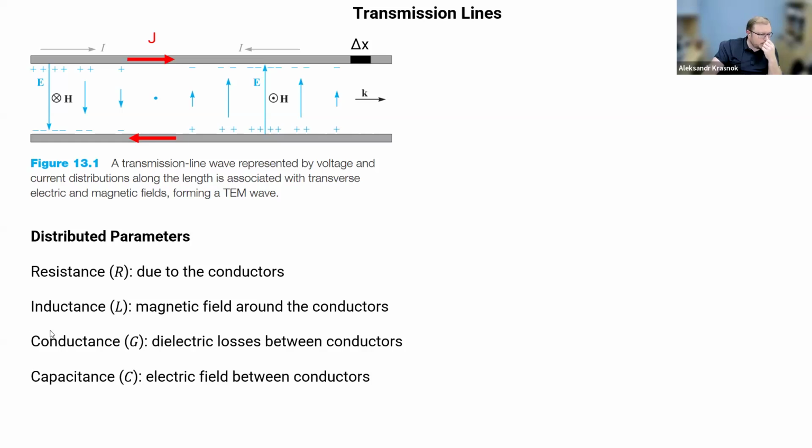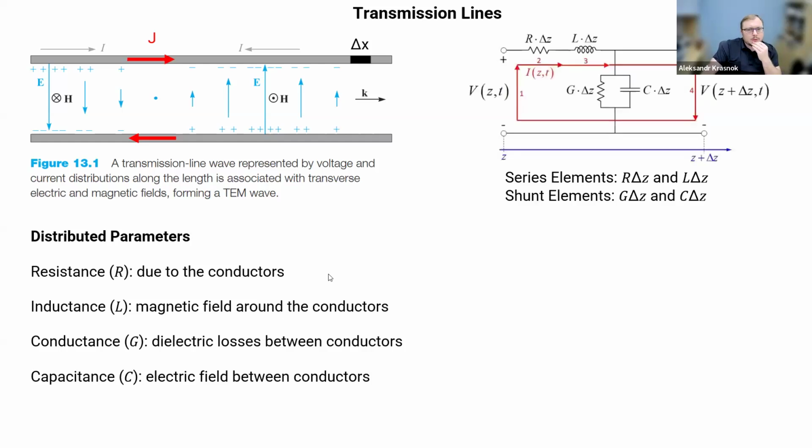So these four parameters in every single point along this transmission line allow us to describe the system analytically. Introducing these parameters allows me to write the RLC circuit diagram for the element dx or dz of my transmission line.